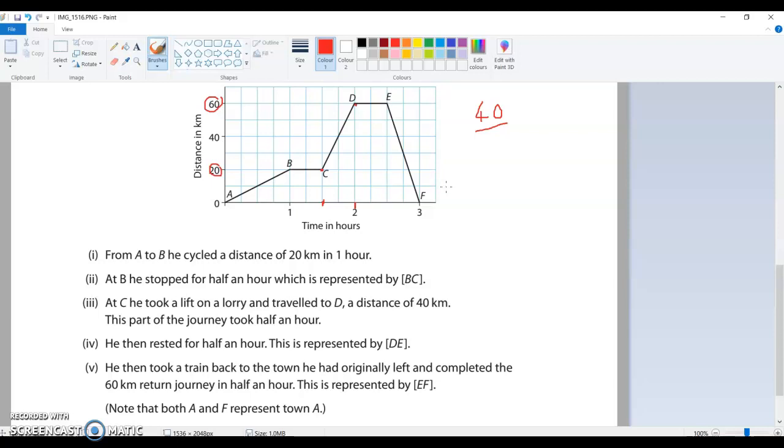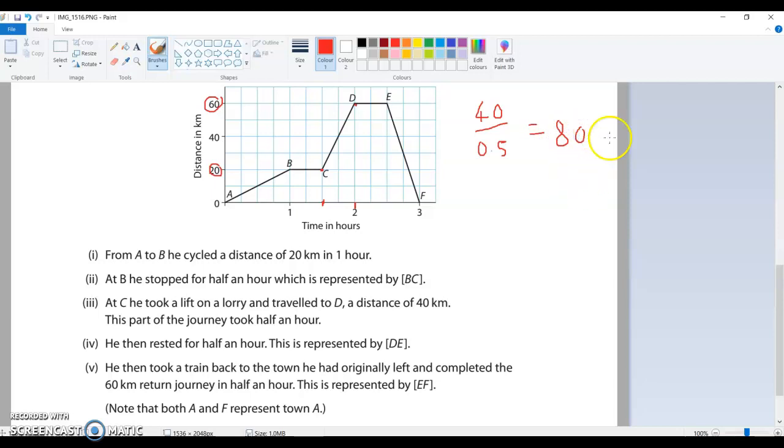So it's half an hour. Now, I generally don't want speed in kilometers per minute. I want it in kilometers per hour. So I'm going to divide 40 by a half an hour. A half is 0.5, or you can do 1 over 2 on your calculator as well. If you do 40 divided by 1 over 2, or 40 divided by a half, you'll get 80 kilometers per hour as your answer.